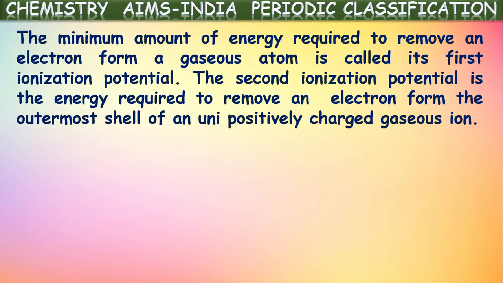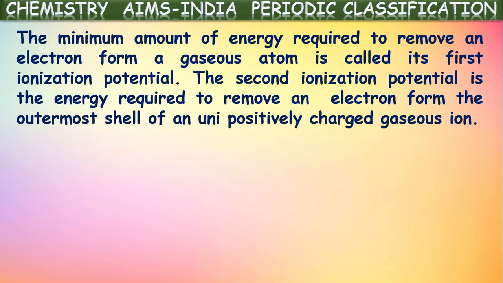It can be defined like this: the minimum amount of energy required to remove an electron from a gaseous neutral atom is called its first ionization potential. Then the second ionization potential is the energy required to remove an electron from the outermost shell of a unipositively charged gaseous ion.